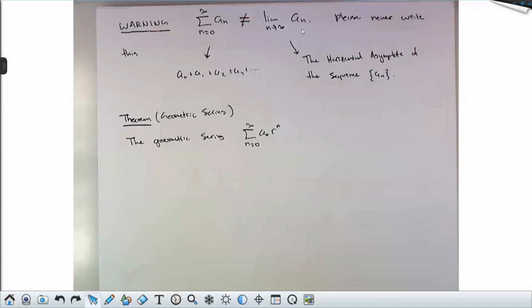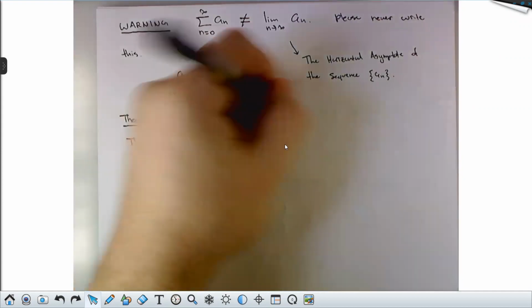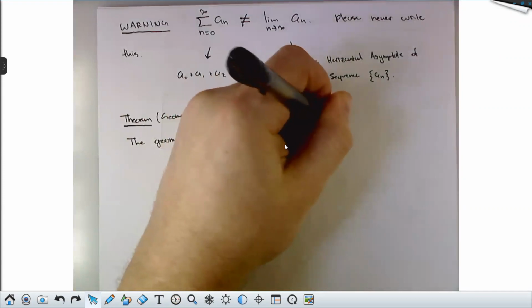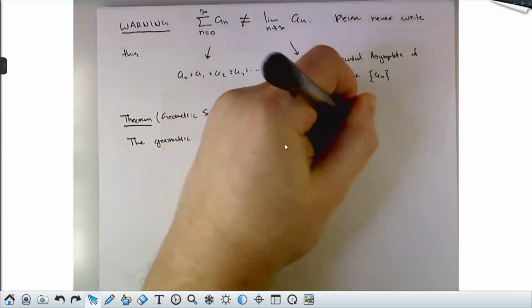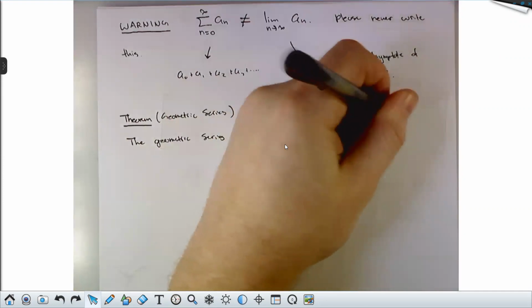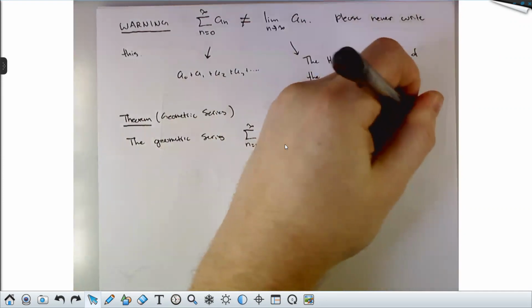You can also write them as sigma n from 0 to infinity a naught times r to the n. All that matters is that this series is geometric, meaning the sequence inside of it, the thing that's being added up, is a geometric sequence. So this is any series of the form some constant plus that constant times r plus that constant times r squared plus that constant times r cubed, and so on.